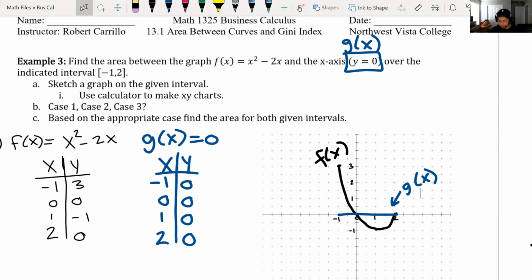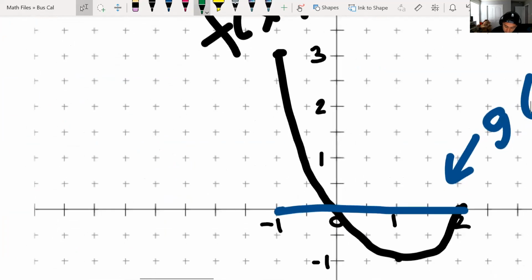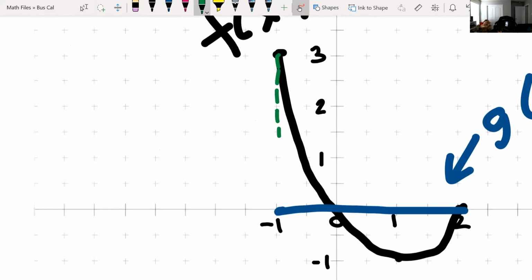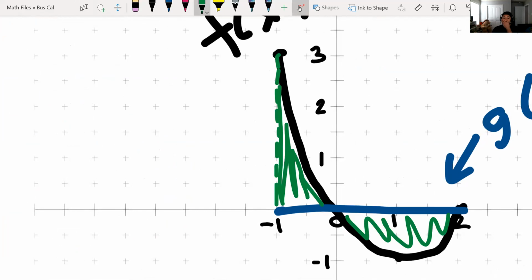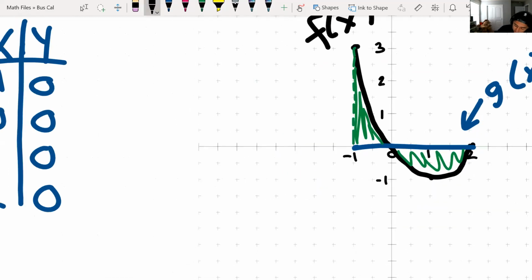Okay, let's zoom in. Let's see what's going on with the area. So we're going to want the area in between here, and we're also going to want the area down here. If you look at this graph, on the left side, we read the graphs left to right.